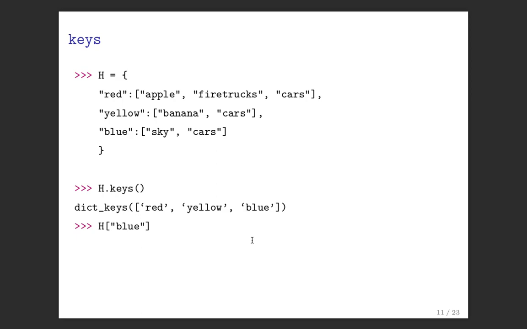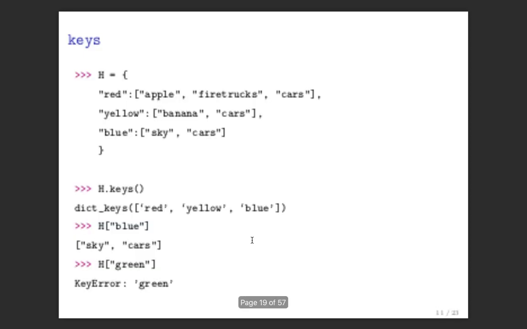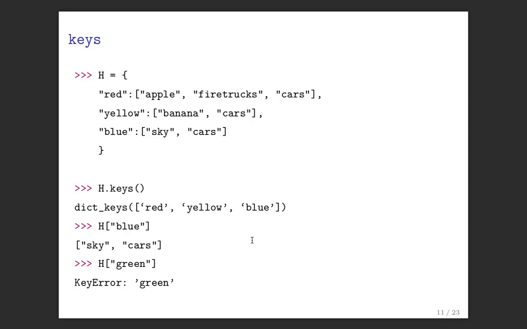Okay, so as long as you're asking the dictionary to give you a value that corresponds to a key, you're going to get something back. What happens if I ask for H of green? Yeah, you're going to get a key error. It is possible to set up default values for this, which is better, but I'm not allowed to show you a default dictionary. So we're going to have to code our way around this problem.